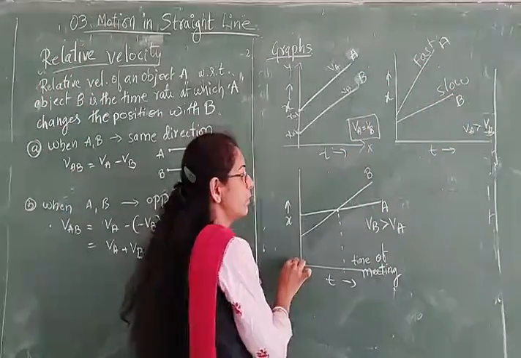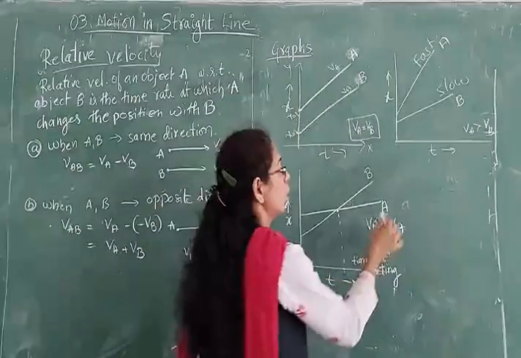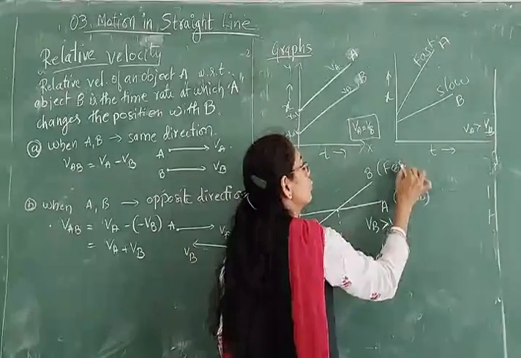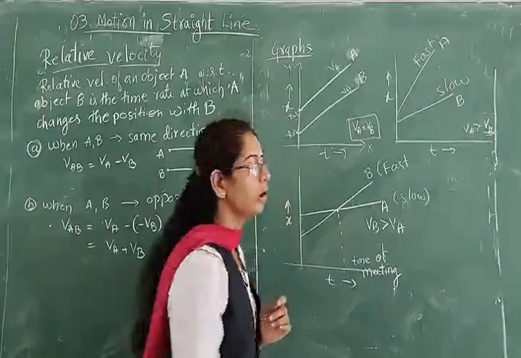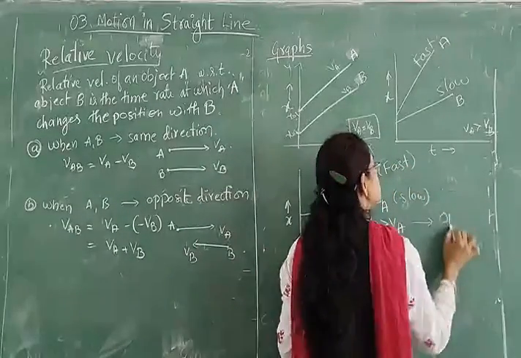Then the third condition we will take: object A is moving slow and object B is moving fast. Or the other case we will take, they are moving in the opposite direction.